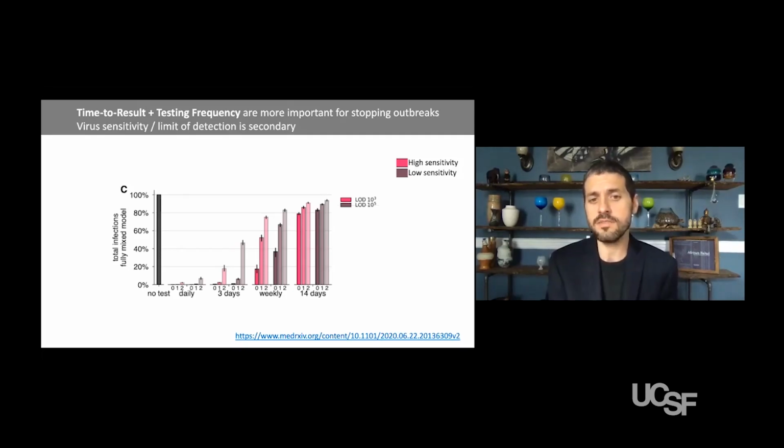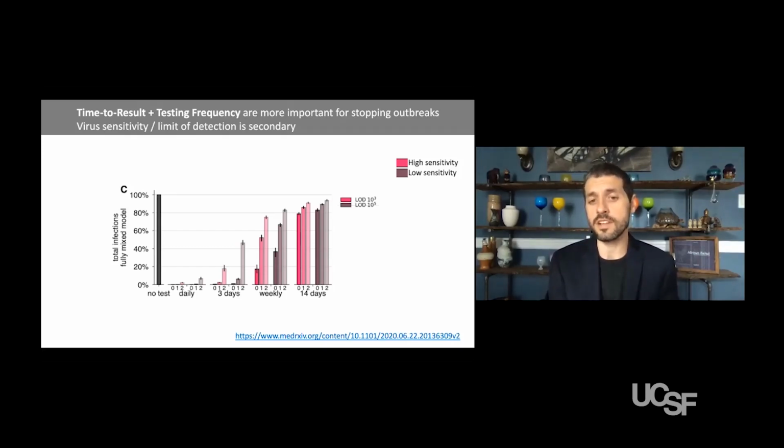What we can see is even at 3-day testing, if you're not getting the result back within 48 hours, you're really losing a lot of opportunity to prevent infections at the population level. Certainly once you're at weekly testing, if you're spending 48 hours to get the test results back, then you're barely able to reduce the epidemic.